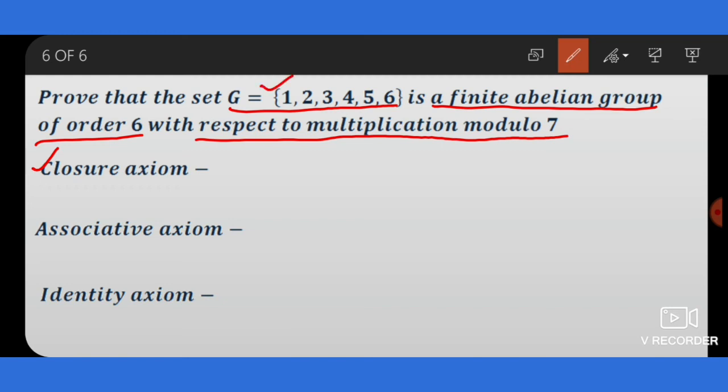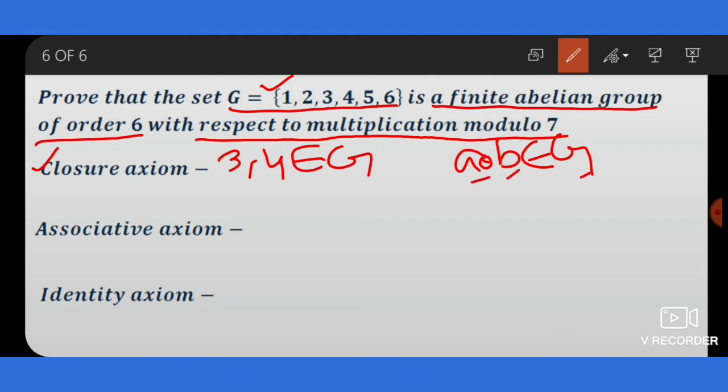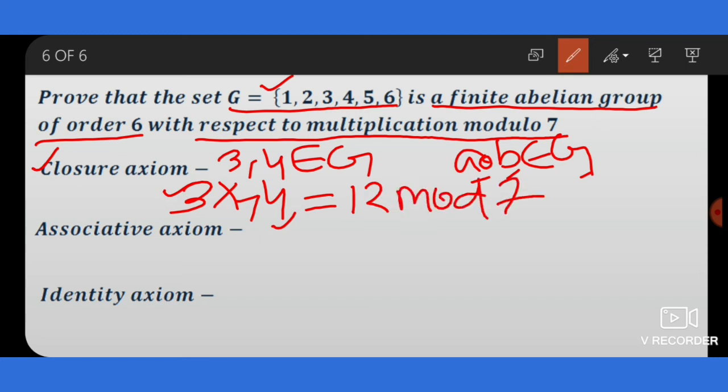We take any two elements of the set, 3 and 4, two elements of G. By definition of group, A operation B belongs to G for all A, B belonging to G. Now 3 operation multiplication modulo 7, 4 equals 3 multiplied by 4, 12. 12 modulo 7: 12 divided by 7, remainder 5. 5 also belongs to G. Now closure axioms are satisfied.